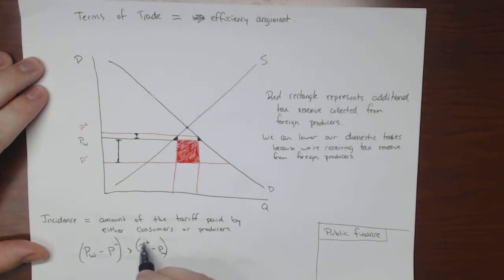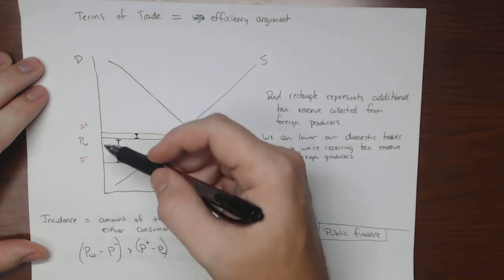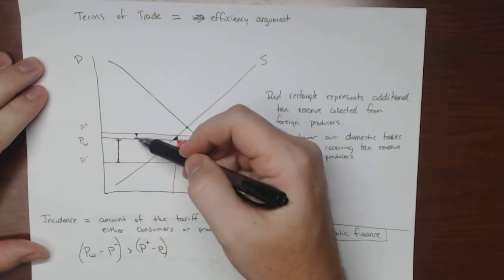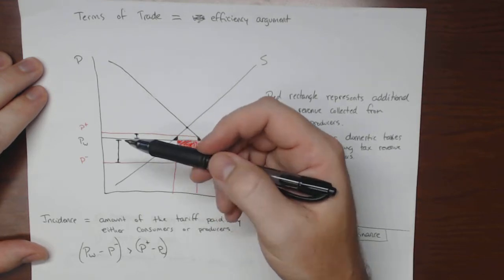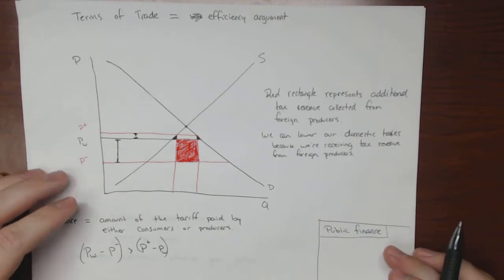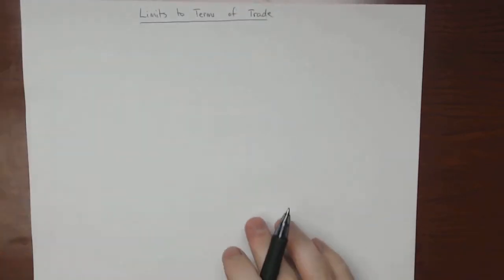And this is the amount of the tariff that we as domestic consumers pay in the form of slightly higher prices. So notice that prices fell to foreign producers a lot more than they rose to domestic consumers. Now this is true if we're talking about a very large country.